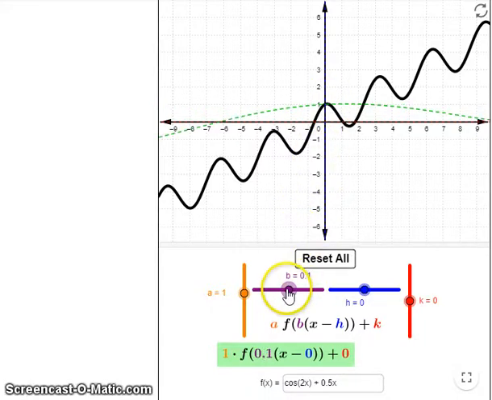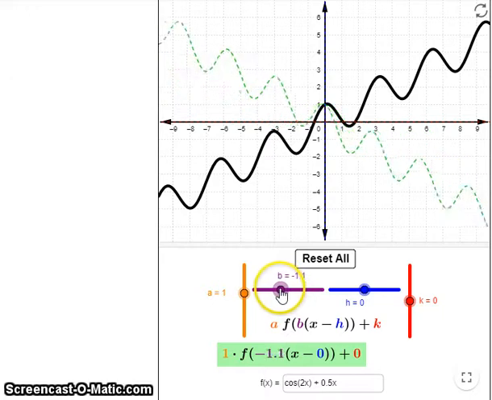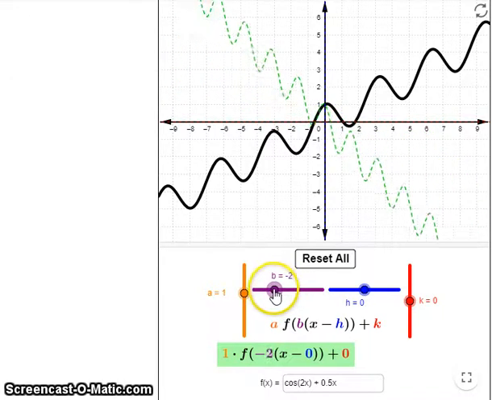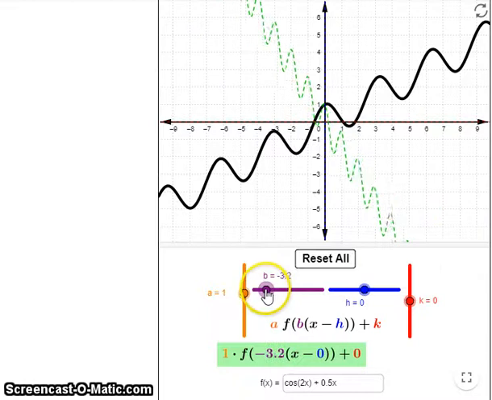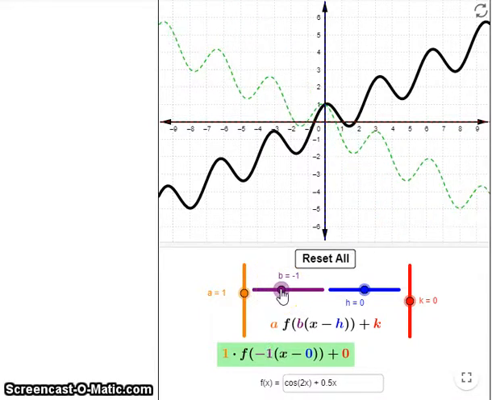But notice what happens as b becomes negative. The numbers get larger in the negative direction, my graph gets narrower, but it's reflected across the y-axis. So if I make b equal to negative 1, what we see is a reflection from any x value, let's say where that peak is right here, about 3 1/4 more or less. We're going to end up with that same y value over here at negative 3 1/4.